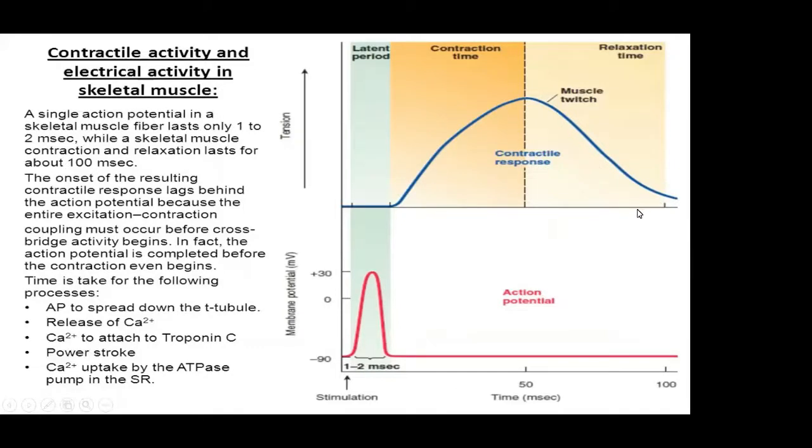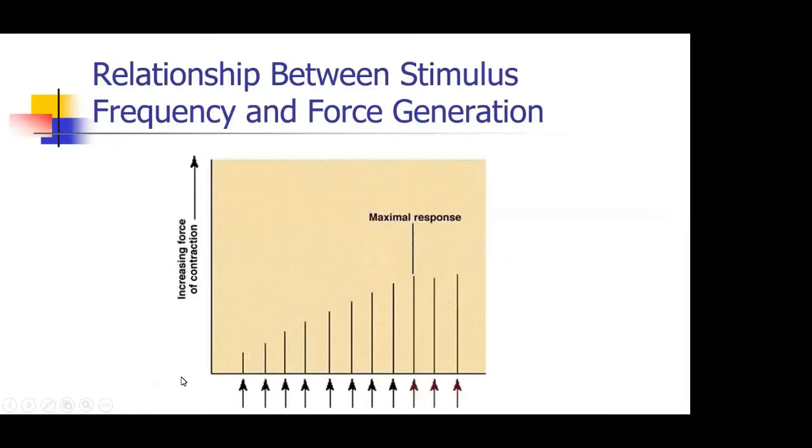Here you see the contractile response. So it begins 2 milliseconds after that. So the time taken by the process is action potential to spread around the T tubule, release of calcium, calcium attaching to troponin C, power stroke, calcium reuptake by the sarcoplasm. All these take some time. Now, let's see about the strength of stimulus.